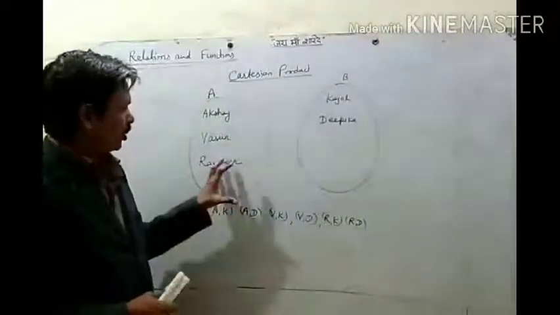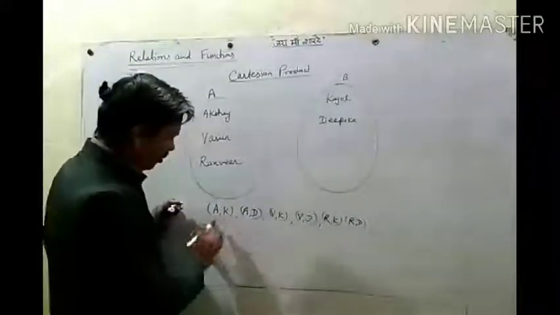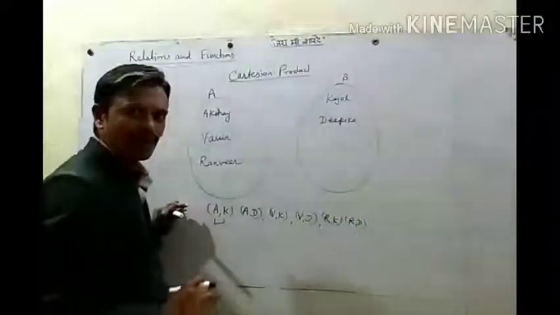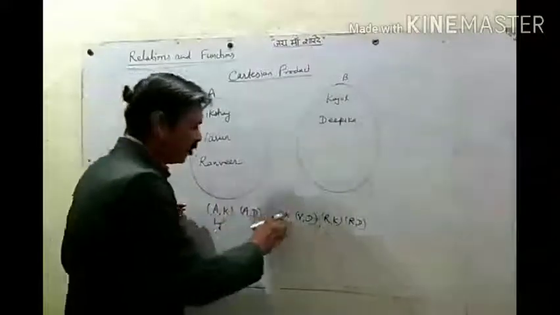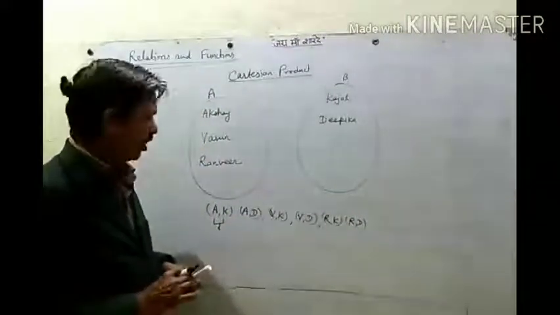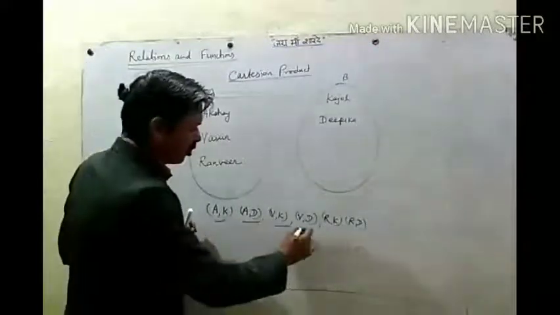So what we are getting here in this pair, the first one is male, the second one is female. So one particular order is there. First we have male and second female only. These are the choices.